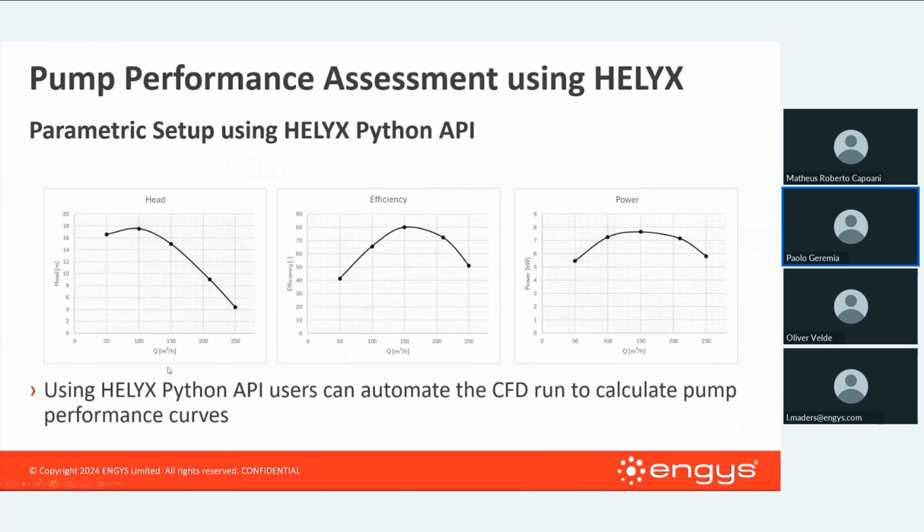So if you want to perform a flow rate sweep, this is what you can do. You just take the Helix Python API, and we run the case automatically again and again for multiple operating points. In this case, we have 5 points, and we can get the full curves automatically without manual change. So without even interacting with the GUI.